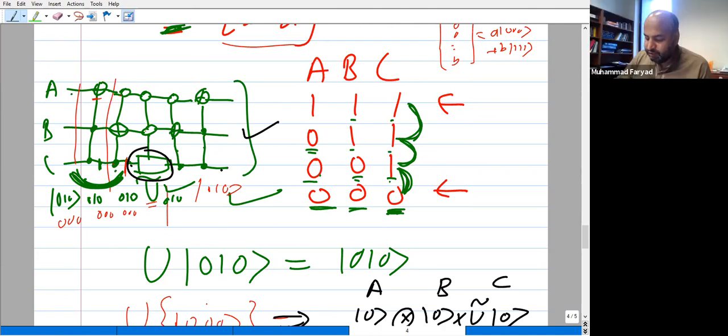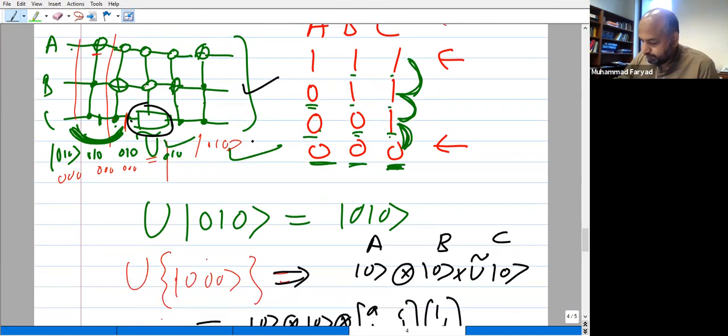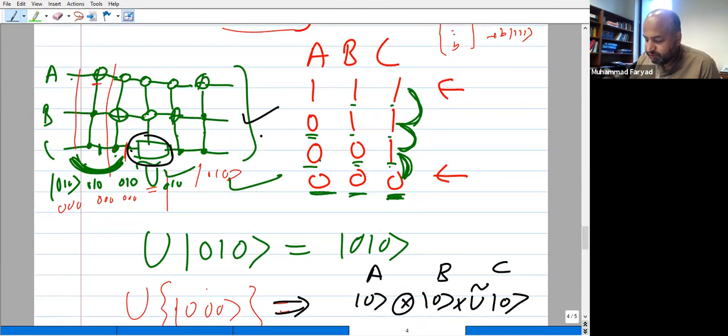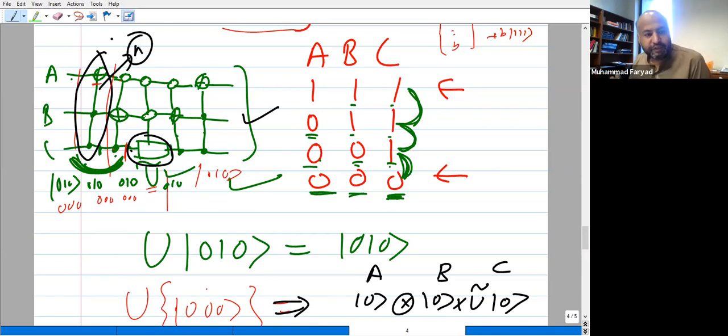Okay, now this is part of your homework, where you have to count the number of single qubit gates that are required to implement an n-qubit control X gate, and you will see that they are of the order of n. You'll have to prove it; there might be some constant number multiplying or dividing, but they are of the order of n.